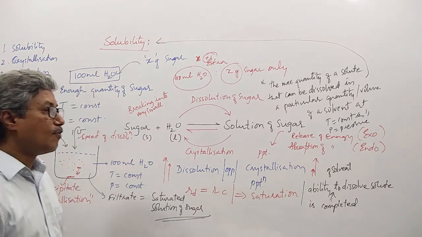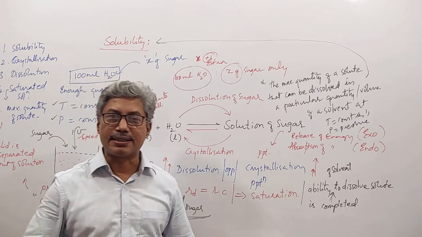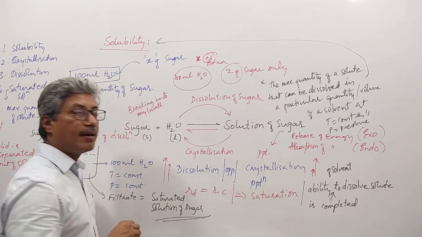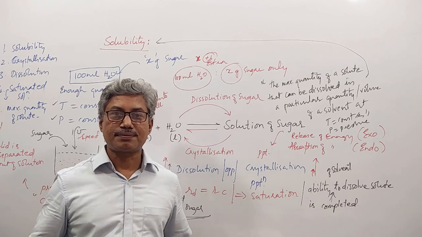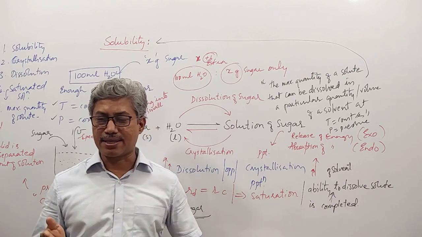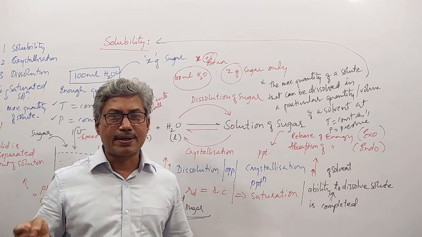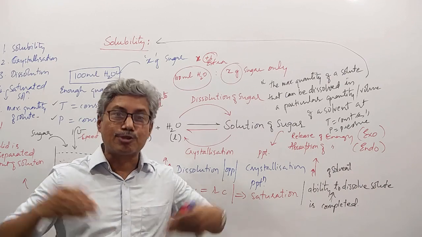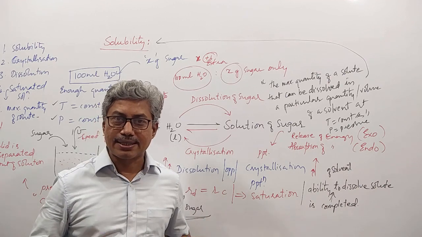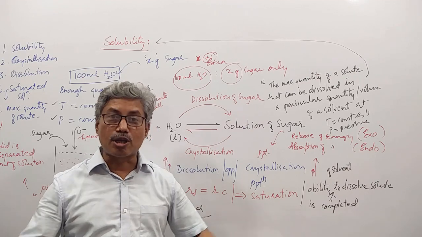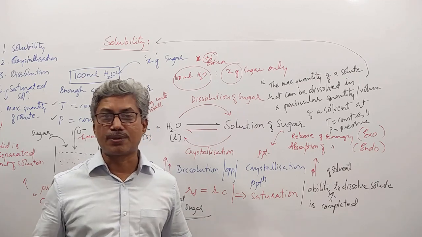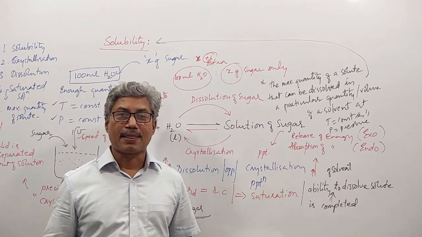But before that, see students, there is no universal solvent. That means, yeah, one exception is there. Water can be regarded as a universal solvent. It's not because everything dissolves in it. There are so many substances which do not dissolve in water.